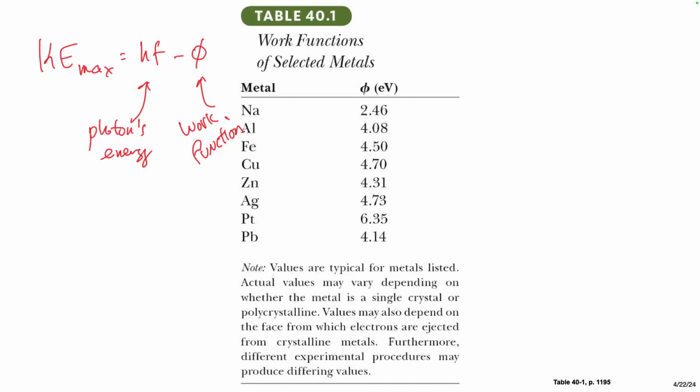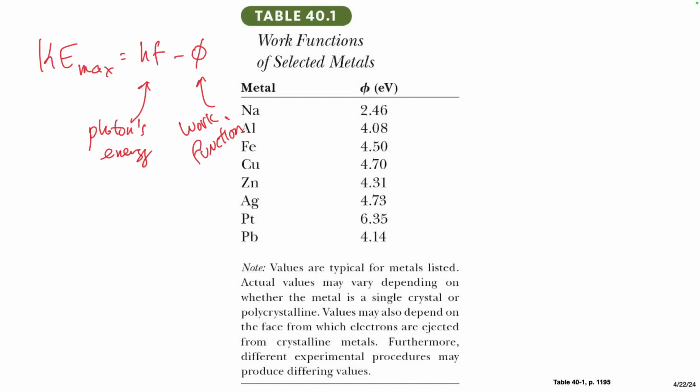I've got some work functions of various metals up here just to show you, right, that different metals have different amounts of energy that are required to get charges to come off of them. But the key thing here is understanding the relationship between the energy of that photon and the work function of the metal. You'll notice, though, that we are giving the work function on this table in a funny unit.